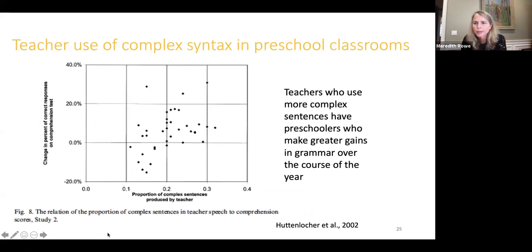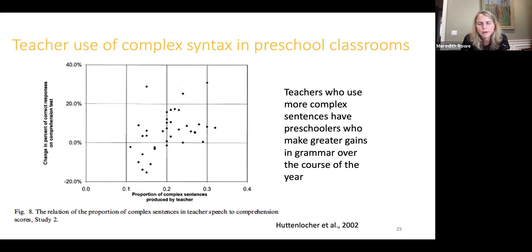Here's an example from preschool classrooms, work by Jannelle and Huttenlocher. She looked at children in preschools all over the Chicago area over the course of 1 year. And they tested the children's syntactic development at the beginning of the year with a comprehension task that they created, and tested the children at the end of the year also.